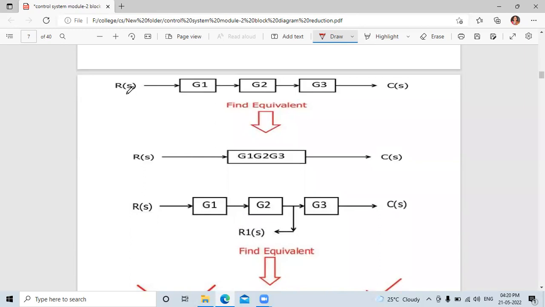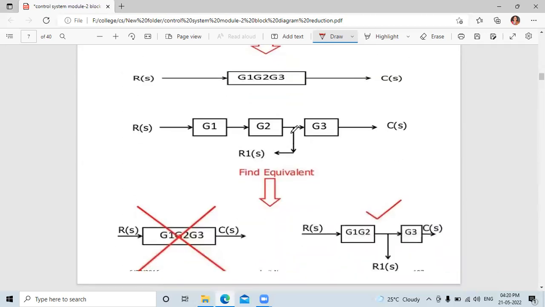For example, like this, G1, G2, G3 are there. So we can write it as one block, G1 into G2 into G3. If any takeoff point is there, this is nothing but a takeoff point.